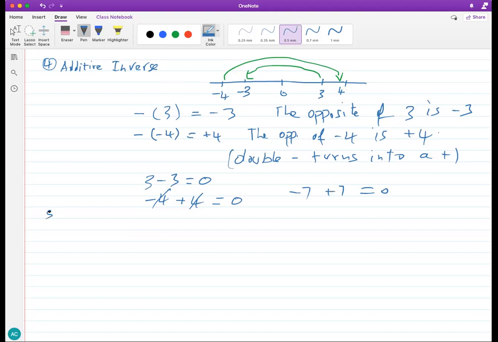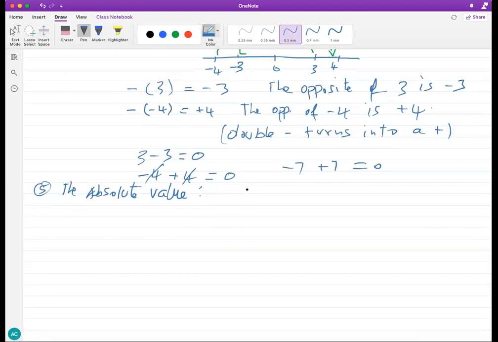Another property, number 5, is called the absolute value. The absolute value of a number. The symbol is this, two vertical bars like that.